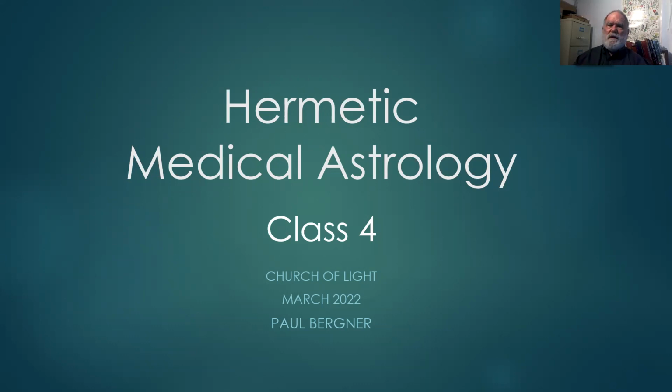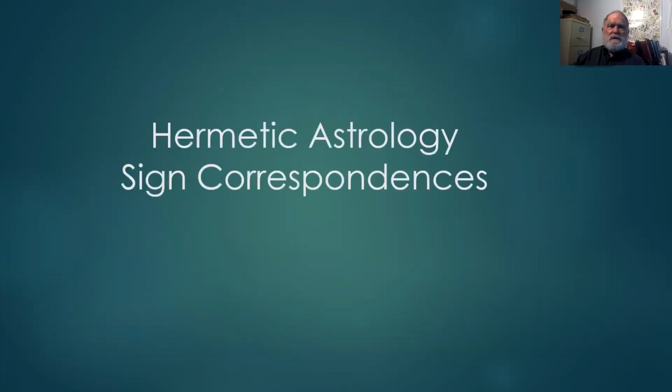Okay, good. So this week, we're going to talk about correspondences between the signs and the anatomical zones in the body. We may get through this week, or we may carry over to next week. We're going to do the signs now, and there are also planetary correspondences, and that will be the following class or classes.